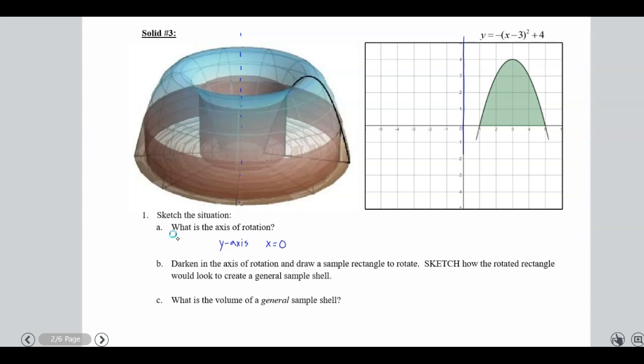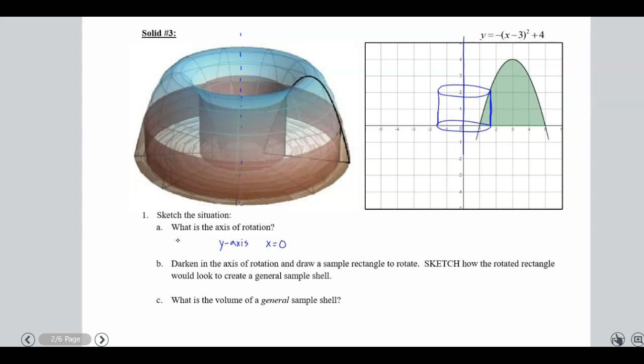Darken in the axis, draw a sample rectangle to rotate. So this time, again with shells, I'm going to take a rectangle that looks like this, vertical, parallel to my axis of rotation, and I'll go ahead and rotate that around. So if we rotate that around, that'll look something like that.